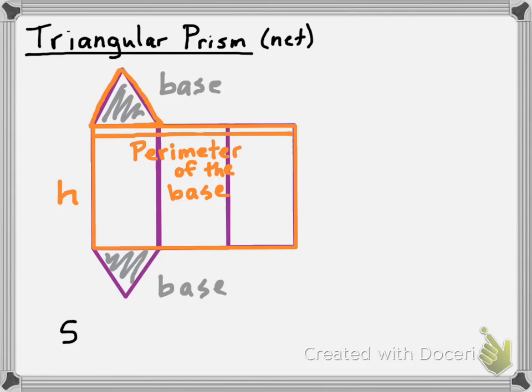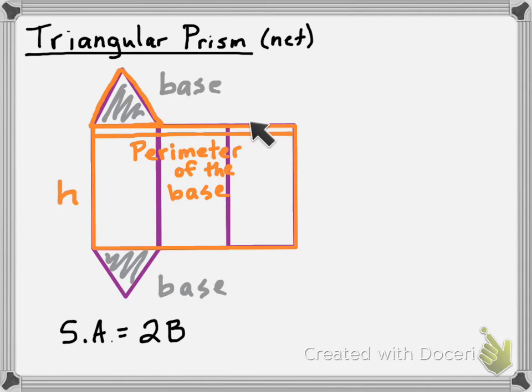That sounds familiar. So what do you think the formula for a triangular prism is? Well, I need the area of both bases, so that would be 2 times the area of the base. And then I need the area of this rectangle, which would be this length times this length.